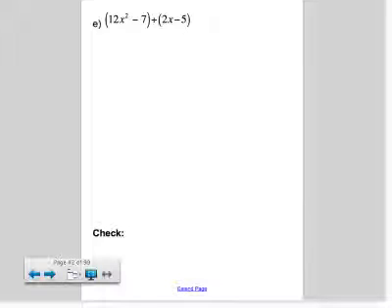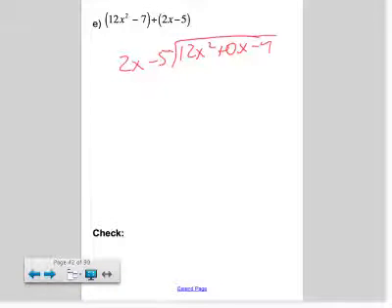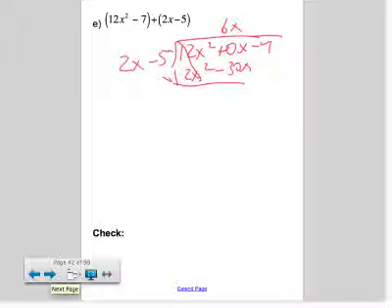Alright. Same idea. So we have 2x minus 5 goes into 12x squared plus 0x minus 7. 12x squared, 6x. 6x times 2x is 12x squared; 6x times negative 5 is negative 30x. Subtract, they cancel. 0x minus negative 30x is positive 30x, minus 7. 2x goes into 30x 15 times.